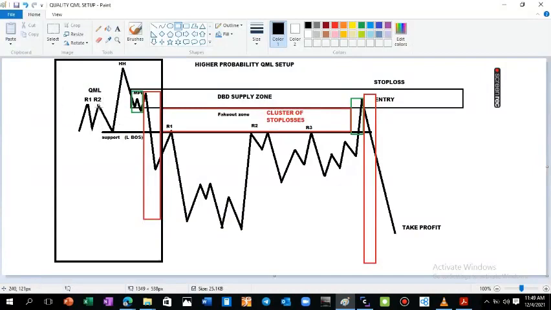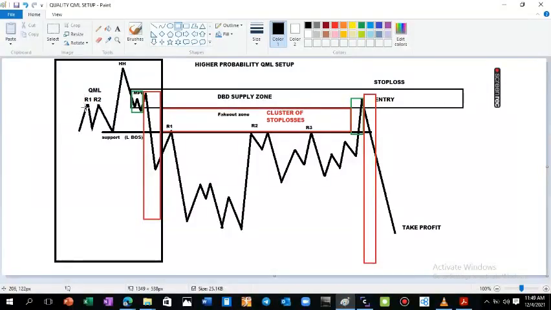A complete QML setup consists of the QML itself, the low, and the higher high, the MPL, and the breakout structure right here. So you have to make sure that those things are there. The one that has more preference is the one with dual resistance. The one that has more chances of working is this particular one, the one with dual resistance.